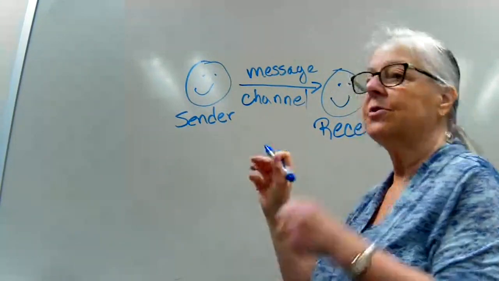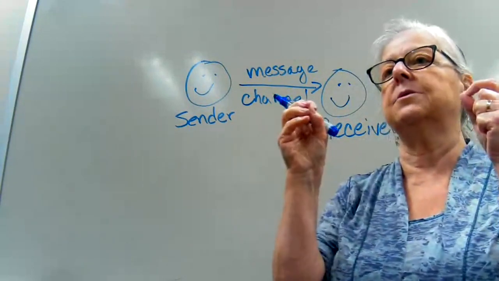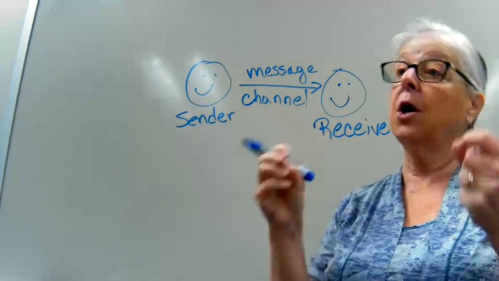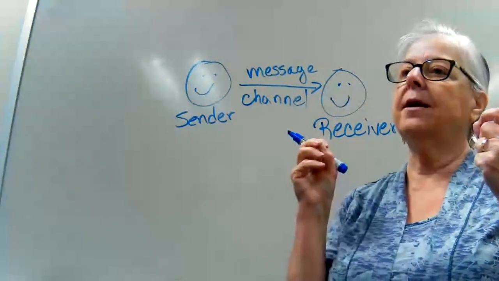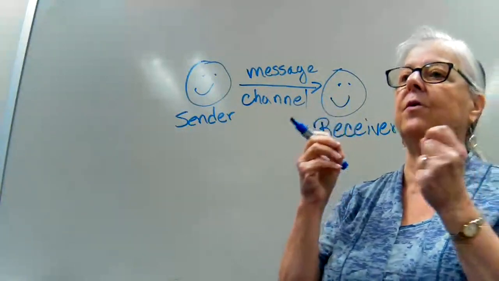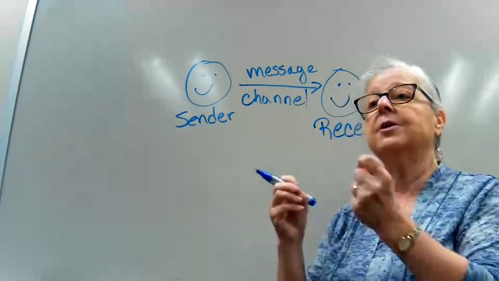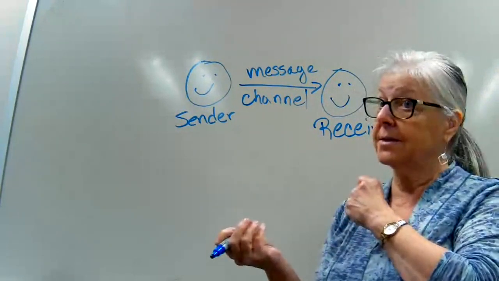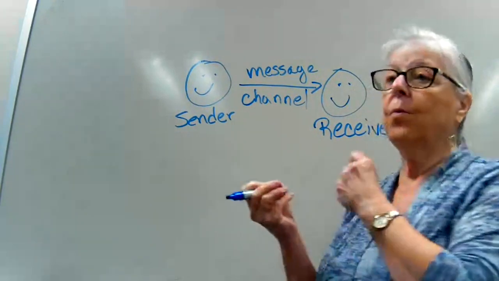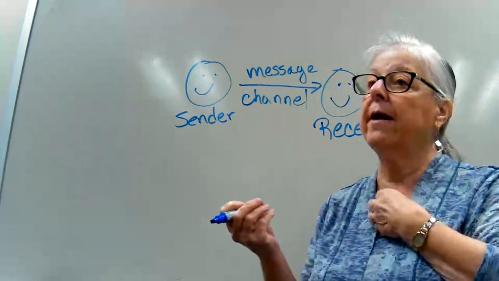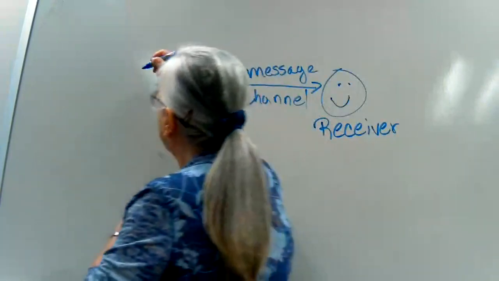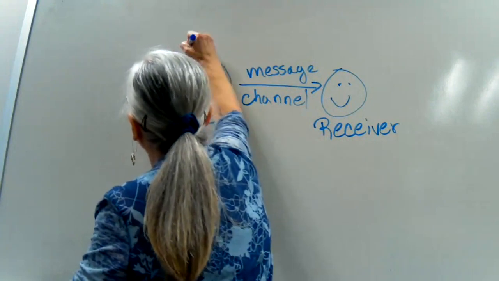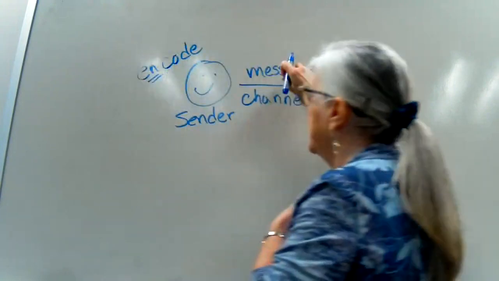Now, there are 2 important elements to all communication, and that's called code, which is why communication studies is very similar to communication technology, i.e. computer science. So I have an idea or a feeling, and what I'm going to do is encode my message.